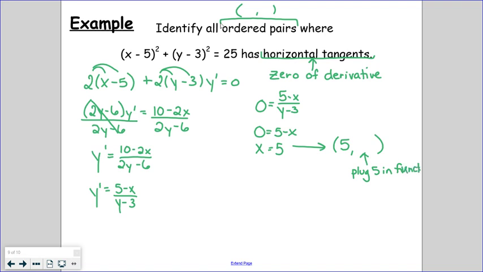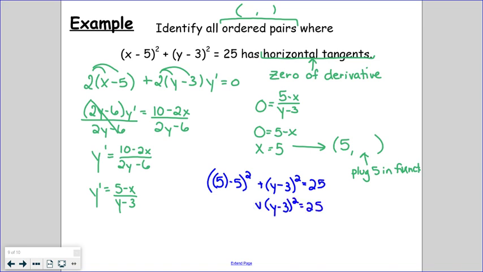So I go back up to my original function, and I plug that 5 in. And so as I do that, I plug 5 in for x. And we're going to solve for y. Well, 5 minus 5 is 0, squared is 0. So then we're looking at y minus 3, quantity squared equals 25.